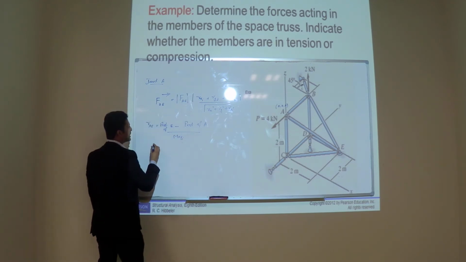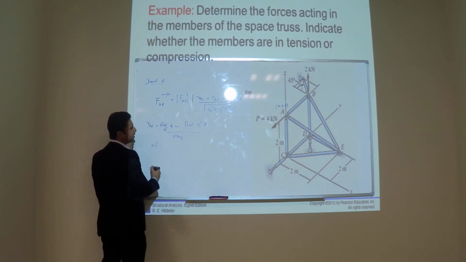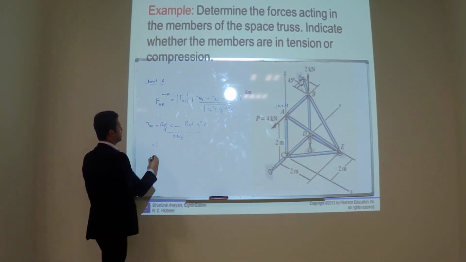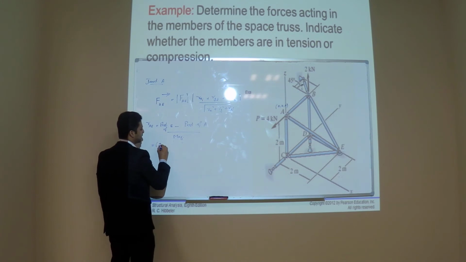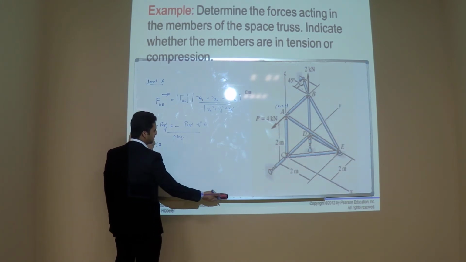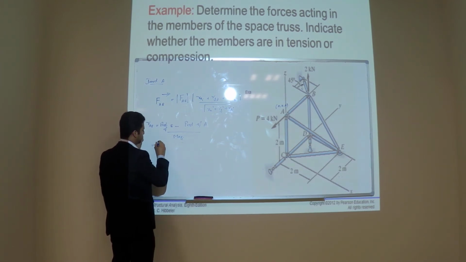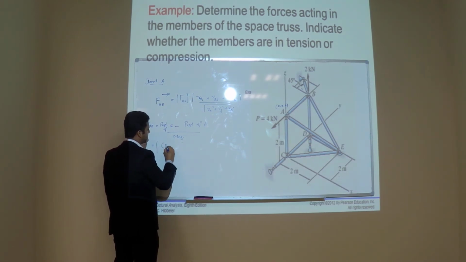Very simple. For example, what is the position of E if your A is the origin? X is 2, Y is 2, Z is minus 2.